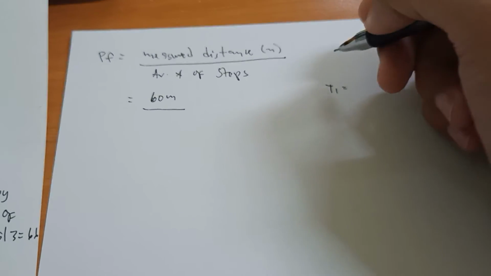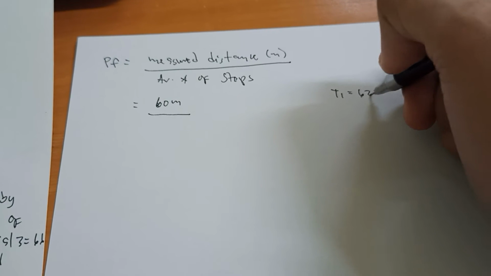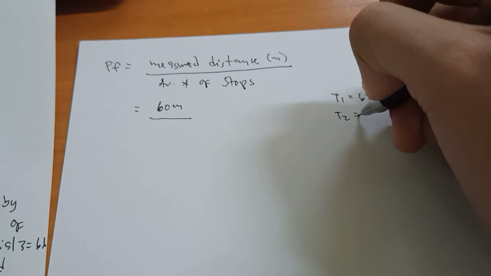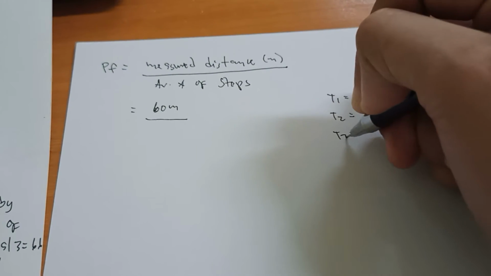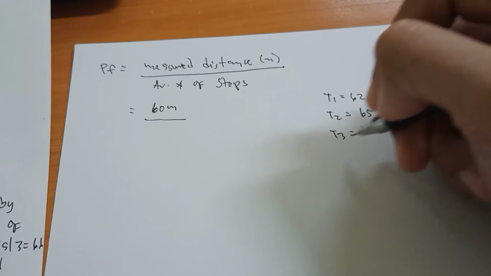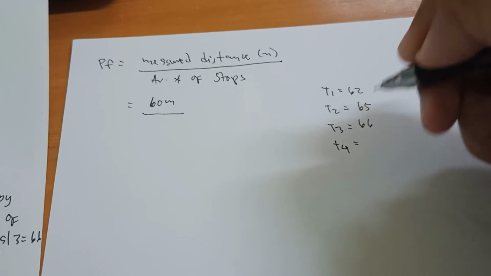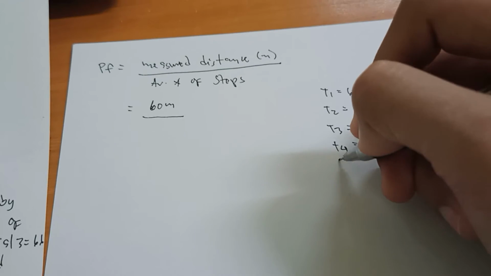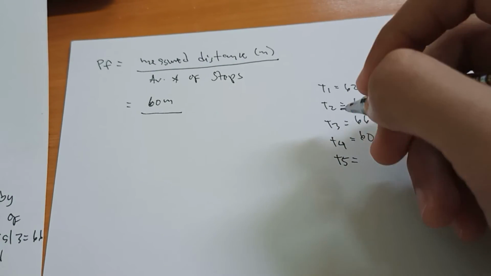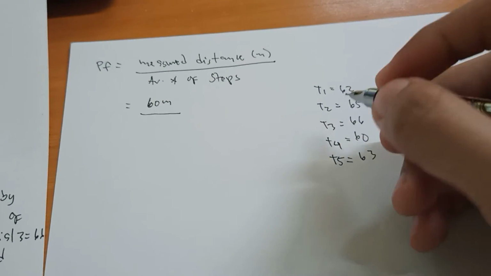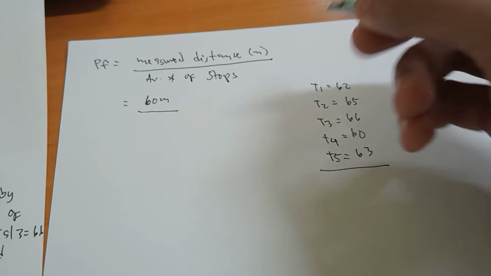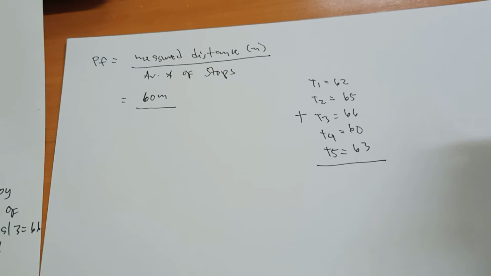T1 is equals to 62, T2 is equals to 65, T3 is equals to 66, T4 is equals to 60, T5 is equals to 63. In order for you to get the average, add all of them.